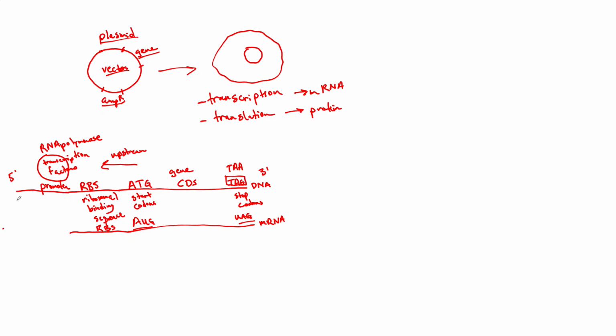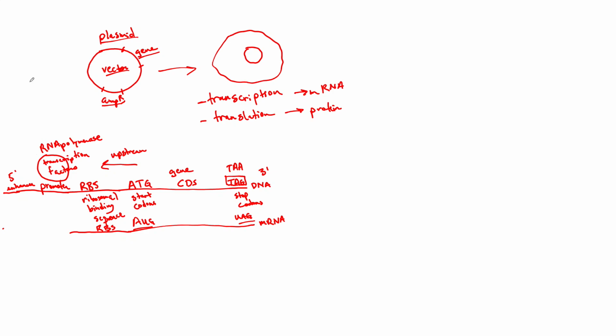You might also have, even further upstream, a sequence called an enhancer. This is a region of the DNA that interacts with the promoter and can actually enhance, or in other words, make transcription occur more frequently, so that you have more mRNA produced.